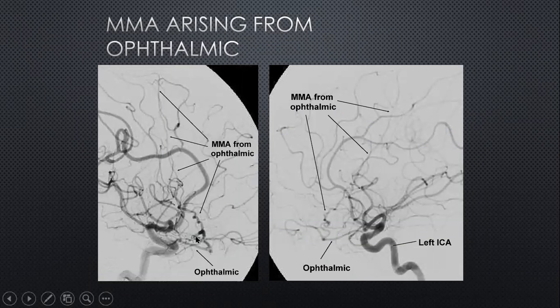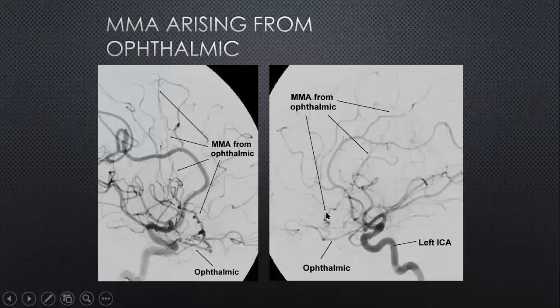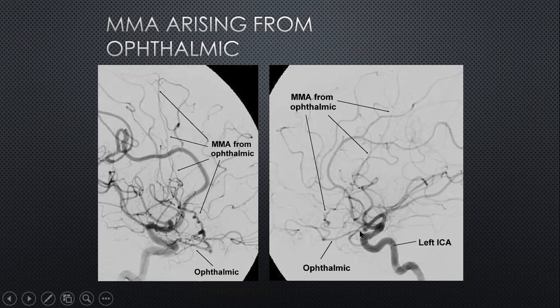We talked about the inferolateral trunk, and that can also give rise to the middle meningeal system. And here you have the ophthalmic artery supplying, of course, the orbit. But not only is it doing that, here in a lateral projection the ophthalmic artery supplies the orbit, but a recurrent branch is supplying the middle meningeal territory. So the middle meningeal has, in this patient, partly arisen from the ophthalmic artery.